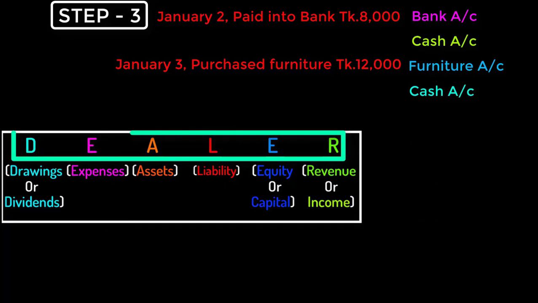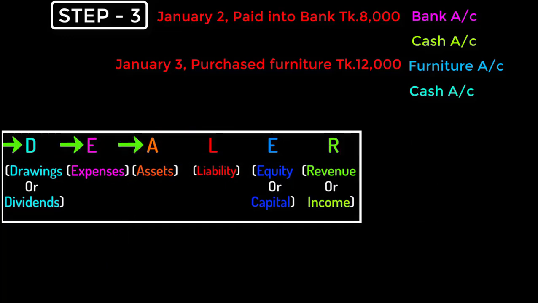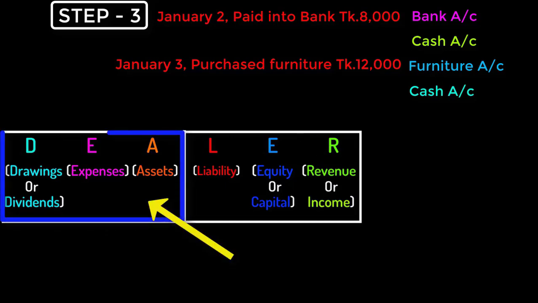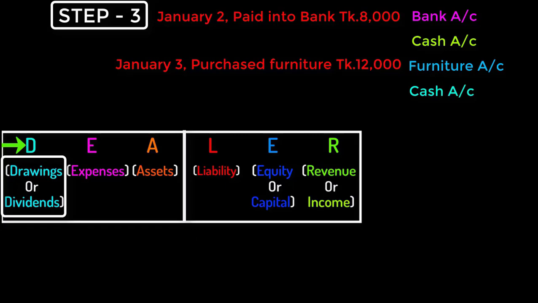See, there are 6 classifications over here: D, E, A, L, E, R. Here in this group, D stands for drawings or dividends, E stands for expenses, and A stands for assets.